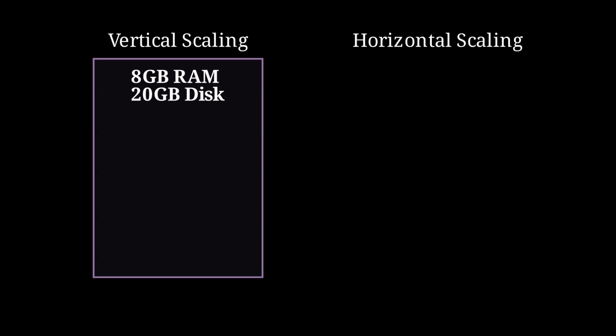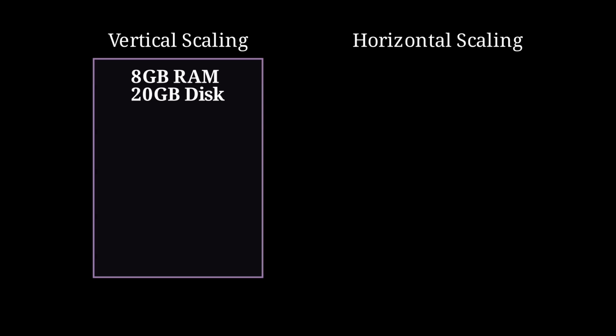If you increase RAM from 4 GB to 8 GB, and increase the disk from 10 GB to 20 GB, this is called vertical scaling. That means we are maintaining only one server, and you increase the capacity of that server. It denotes you made a vertical scaling.